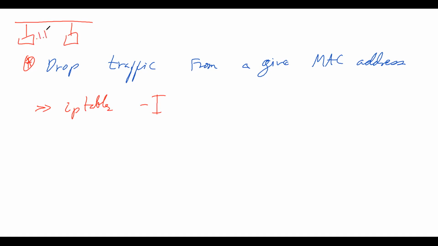This is 1.17, this is 1.16, right? They're both in the same network. This one is making a connection to that one. But this time around, you're not going to block it by IP. You want to block it by MAC address, right?